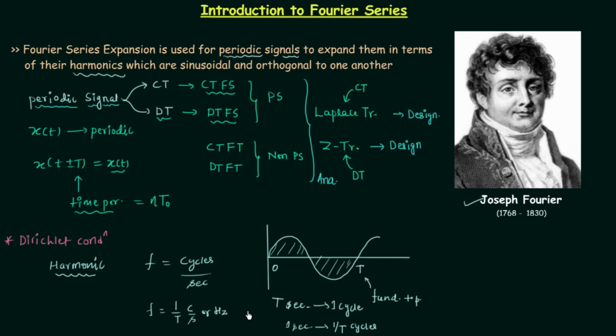So this is the definition of frequency, and we already know this, but I told you real life signals are not periodic in nature. For example, I am speaking right now and my voice is converted to the electrical signal with the help of the mic I am using. So the mic has a transducer which converts my voice to the electrical signal, and definitely this signal will not look like this. It is not a periodic signal.